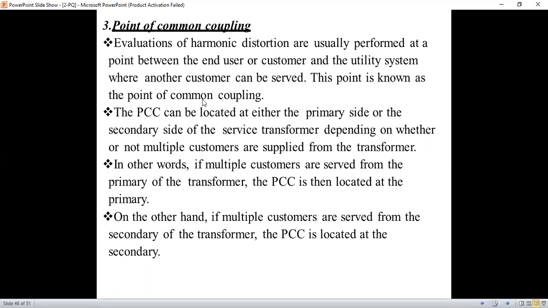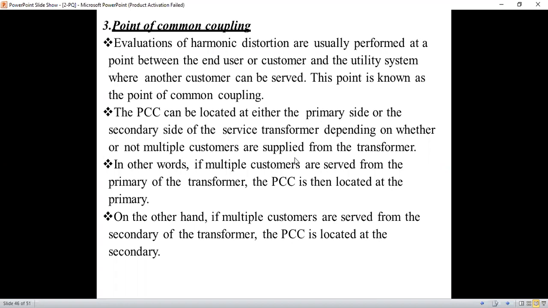The PCC can be located at either the primary side or the secondary side of the service transformer here. Now we can connect at the primary side, or see here the pole-mounted transformer in your area, that is called secondary distribution. So we can connect at the primary side of that transformer or at the secondary side of the transformer.